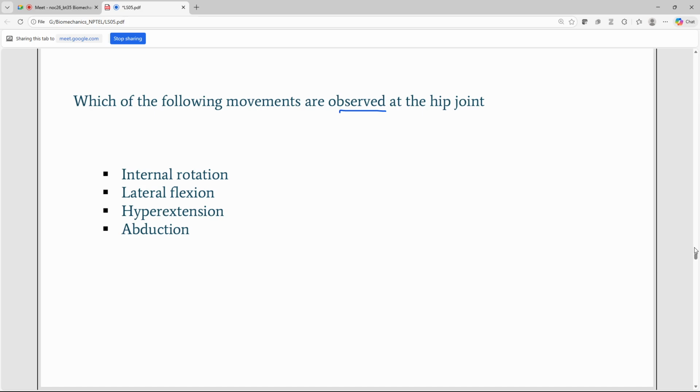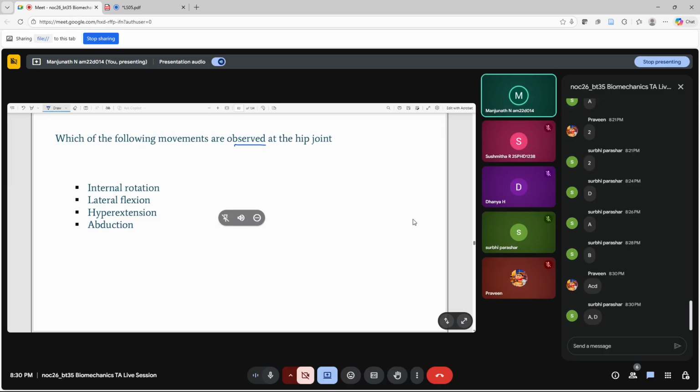So the question itself says which of the following movements, so we can see there can be multiple right answers. Try to choose all the right answers.